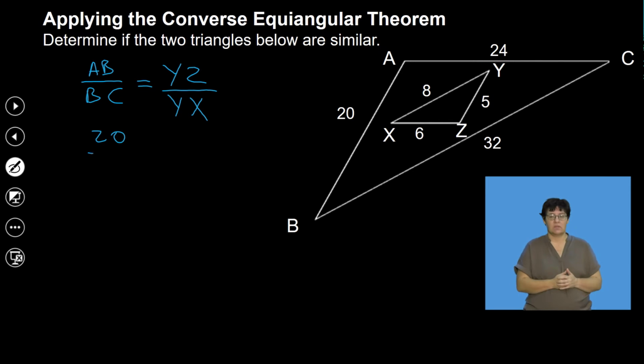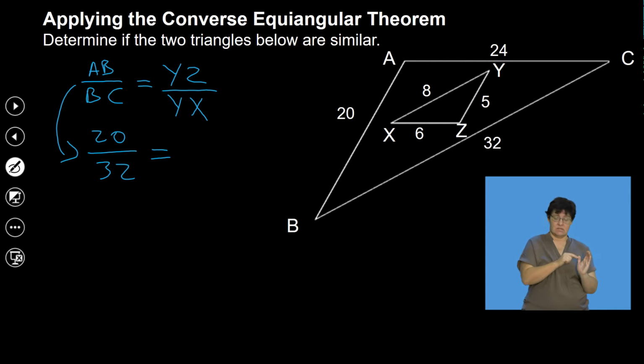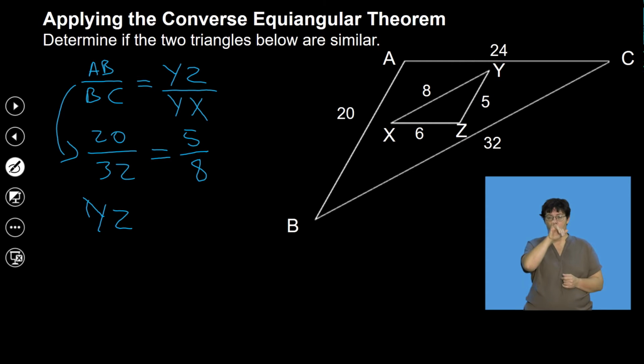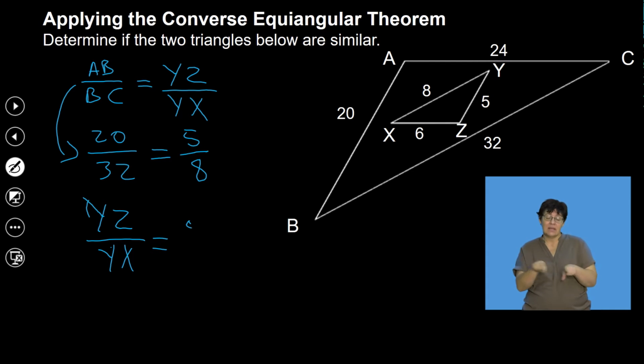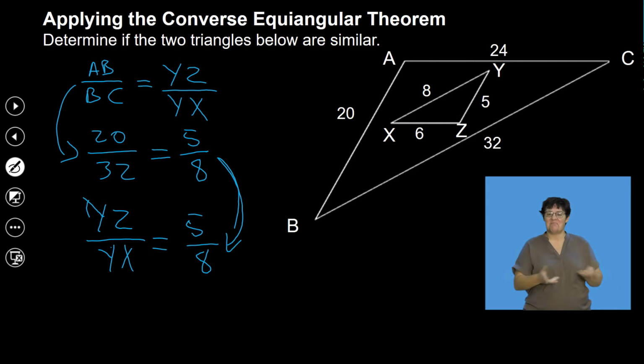So this will be 20 over 32, and it must be equal to the YZ over YX, right? So firstly, let's simplify this. The highest common factor of these two numbers will be 4, which will then give me 5 over 8, right? And then let's look at YZ over YX. This is equal to 5 over 8. So you can see that these two are equal to each other.